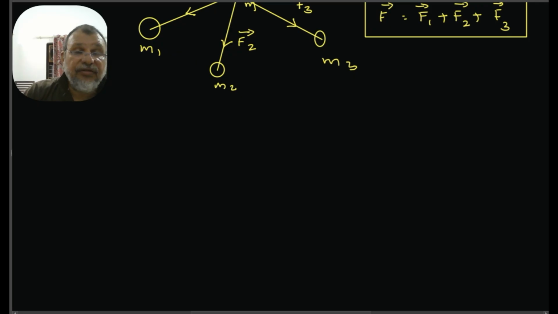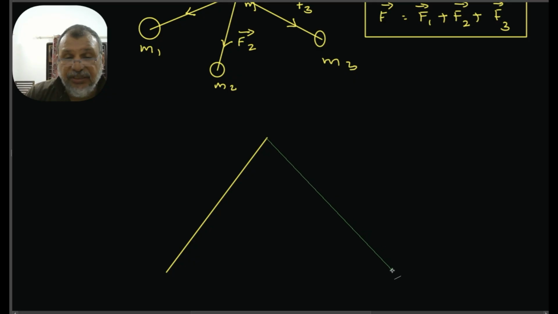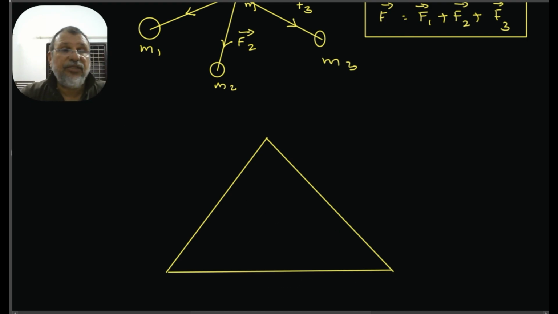So let us have this particular picture. I'm going to draw a diagram. Let's say we have an equilateral triangle. You know the meaning of that? It means all the three sides are equal and the three angles are equal to 60 degrees each. Let's assume that we have masses in here.